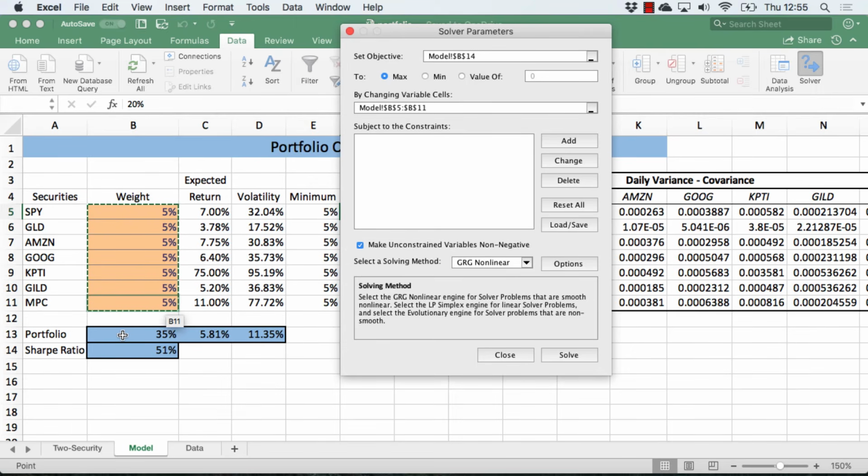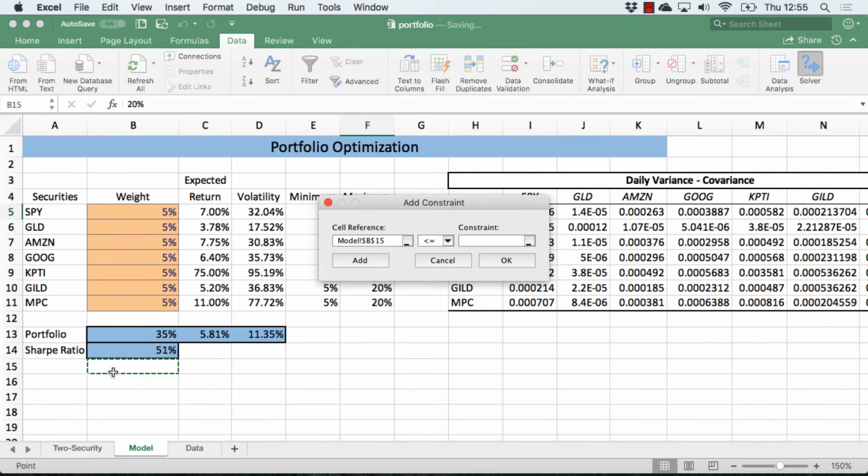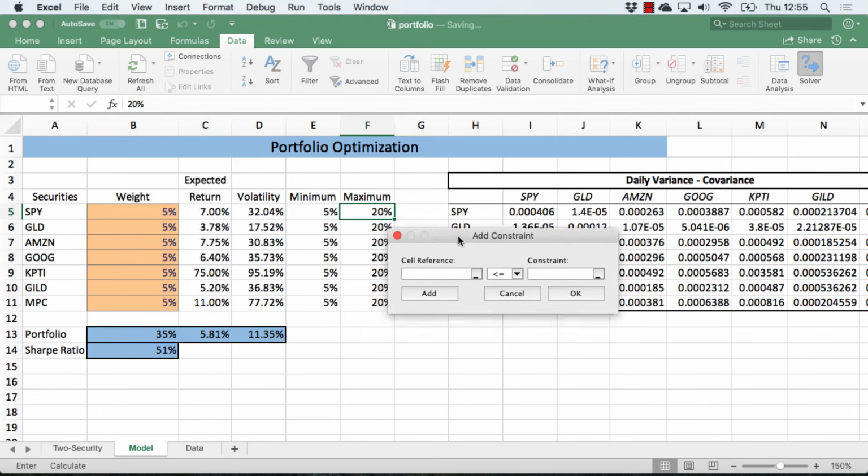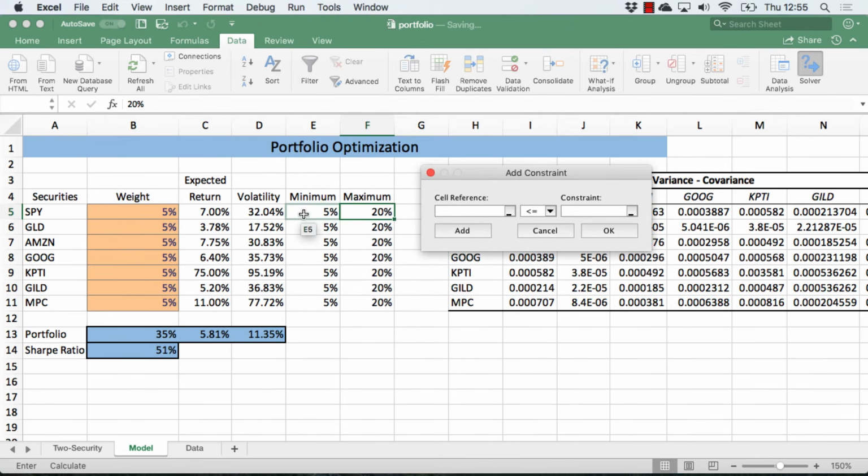We're going to make sure that we're 100% invested. We're going to make sure that we invest at least 5% in each security.